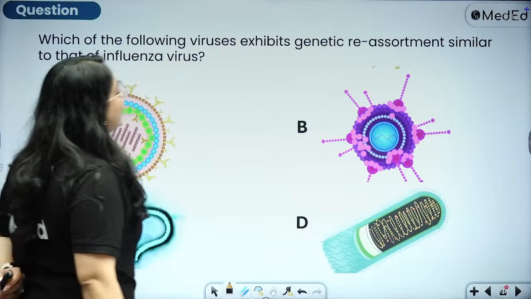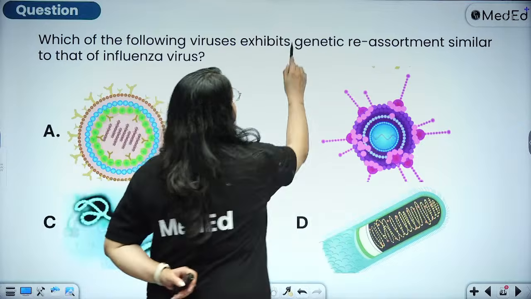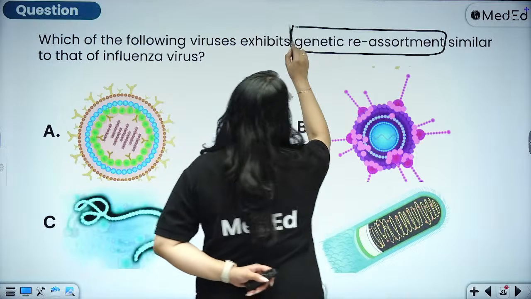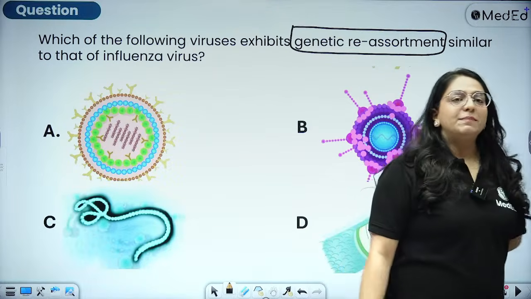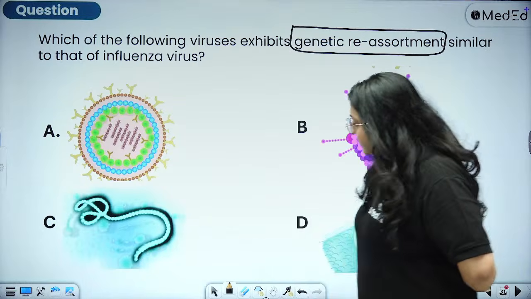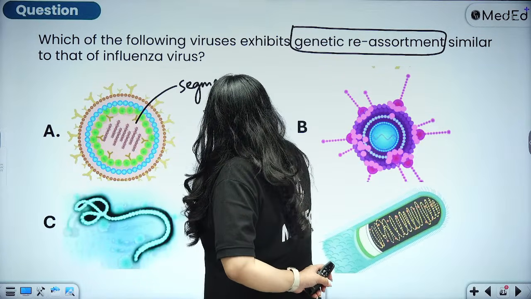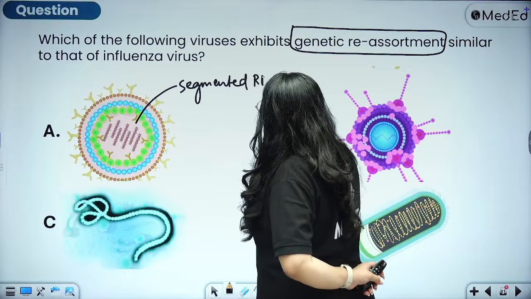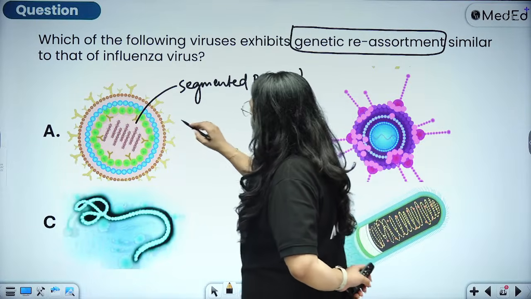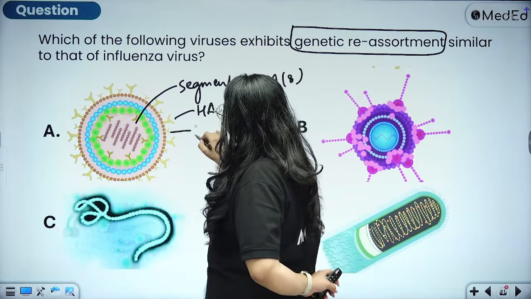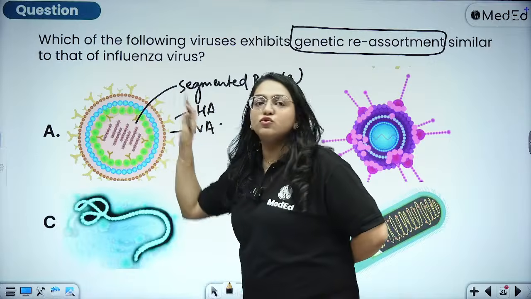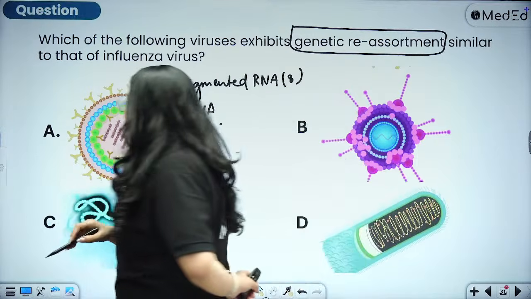Which of the following viruses exhibit genetic reassortment? Similar to influenza virus. So you simply have to pick up your influenza virus. What is this? Segmented RNA with the 8 segments. Then hemagglutinin and neuraminidase. This itself looks to me like influenza virus or orthomyxoviridae.